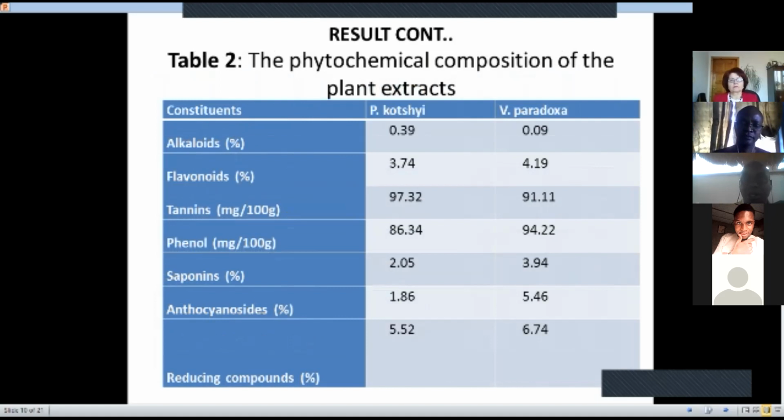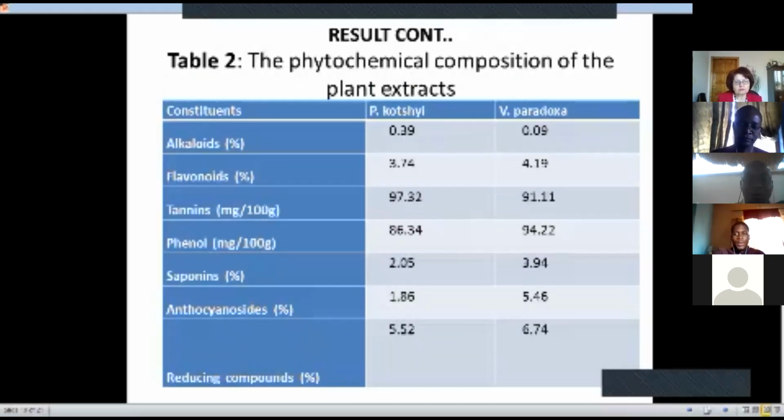The quantitative measurement of all these phytochemicals found in these extracts can be seen in the table. You can see that tannin is about 97.2 milligram per 100 gram of the plant in the case of P. kotschyi, and that phenol contains about 94.22 milligram per 100 gram of the isolate.